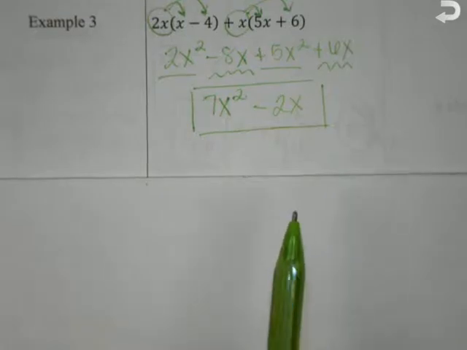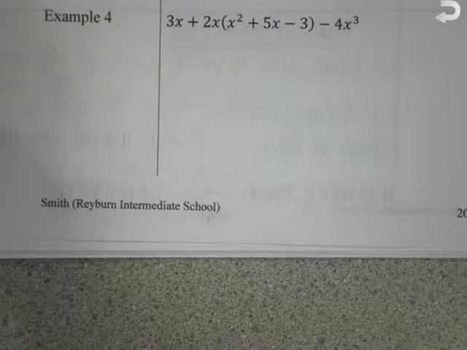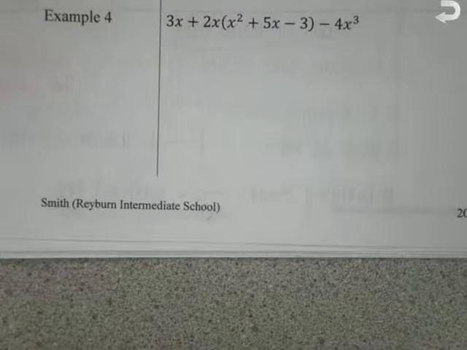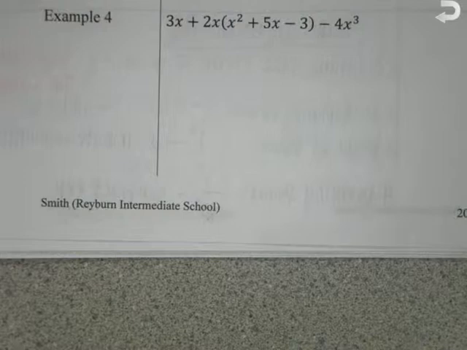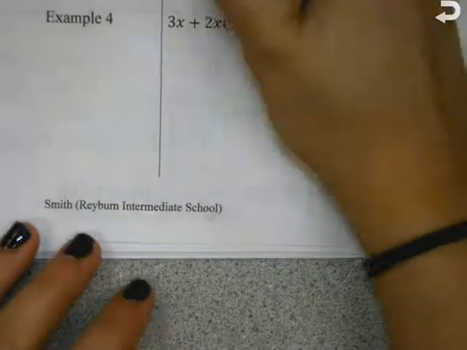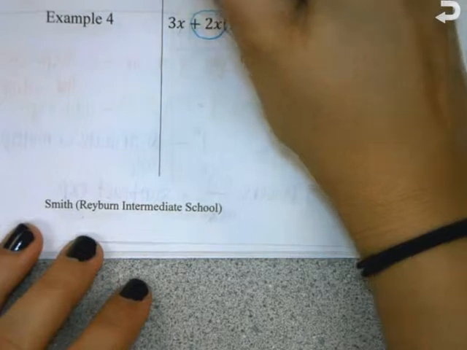Example 4. 3x plus 2x times x squared plus 5x minus 3 minus 4x to the third. Okay, in this problem, I see a distributive property. I'm going to distribute the 2x into the parentheses.